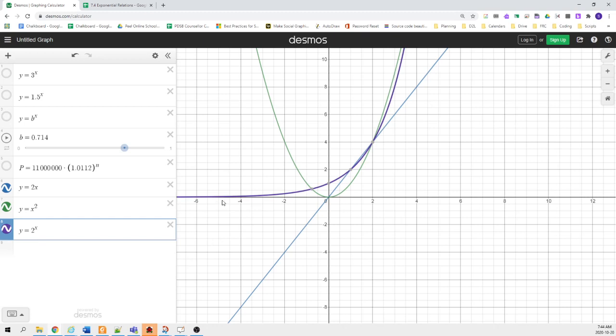So 2 to the power of x doesn't have a minimum because it continues to go lower and lower. It never quite hits 0. It doesn't have a maximum either because it just keeps going up. It has a y-intercept of 1.